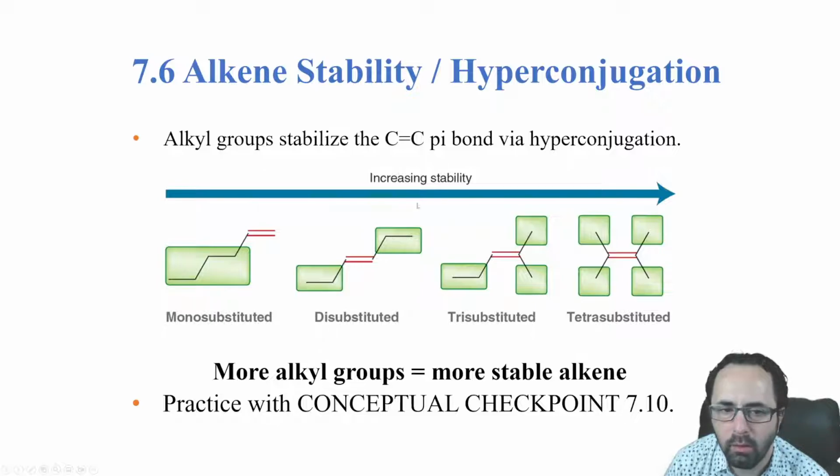In terms of the alkyl groups, in terms of substitution, this is something we've learned in a previous chapter too. The more substituted double bonds are those that are most stable, due to the hyperconjugation that we discussed previously. There are unhybridized p orbitals here, and there are hydrogen atoms attached to the carbon over here.